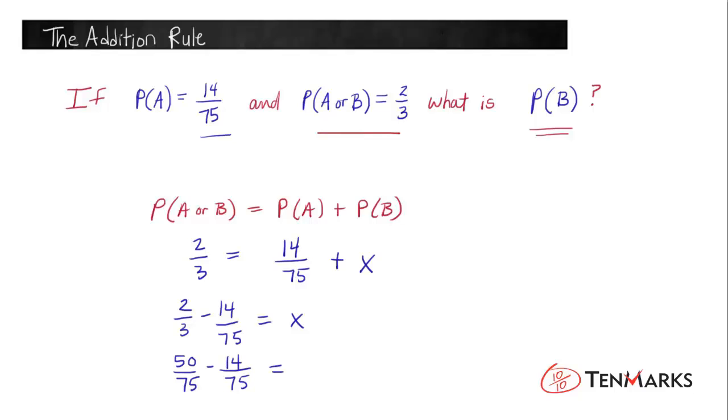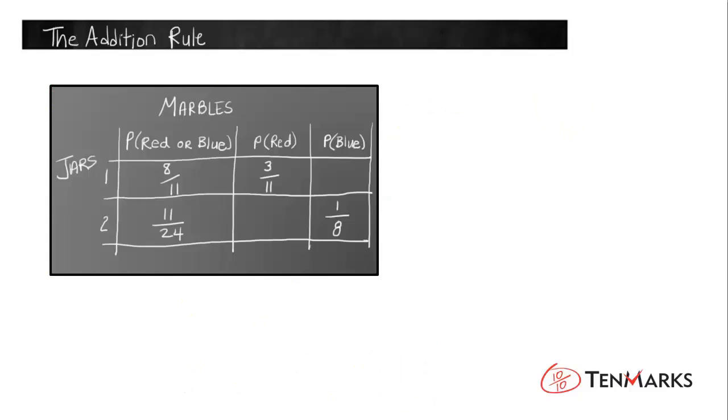Now we have 50 minus 14, which is 36 over our common denominator of 75. We should check and see if that can be reduced. 36 is divisible by 3, which gives 12, and 75 is divisible by 3, which gives 25. The probability of event B occurring is going to be 12/25.